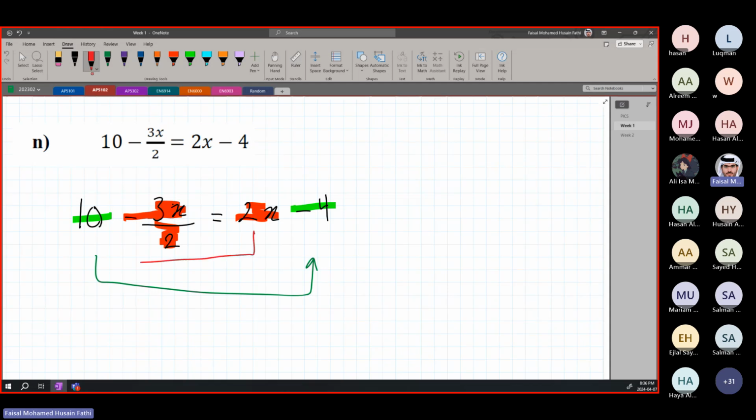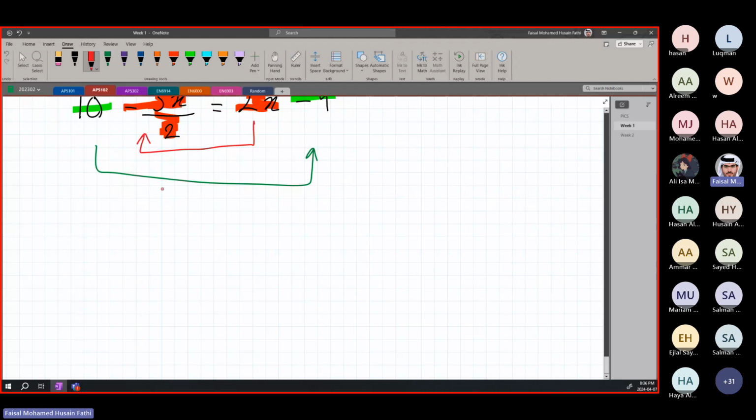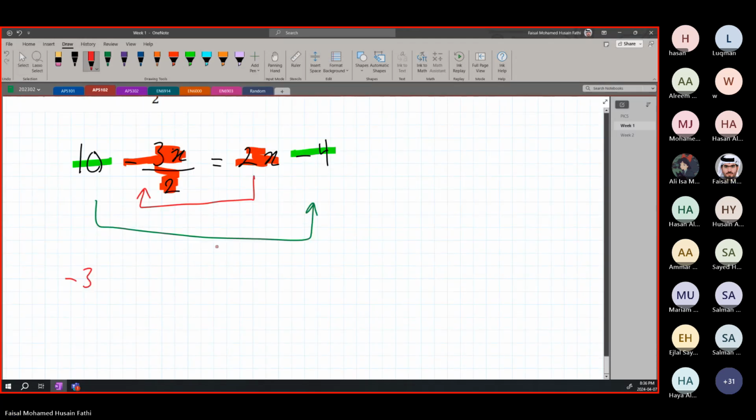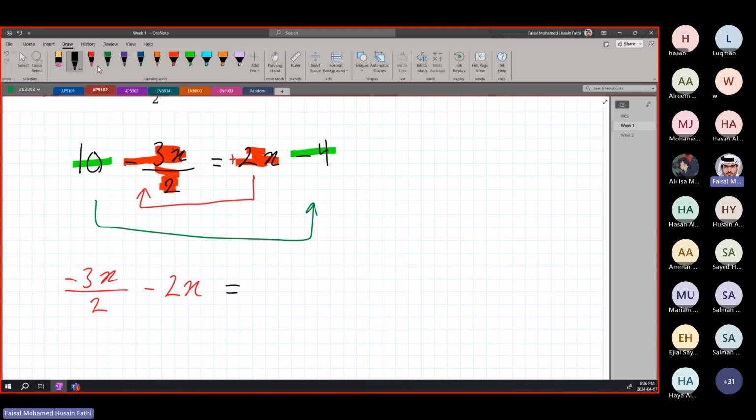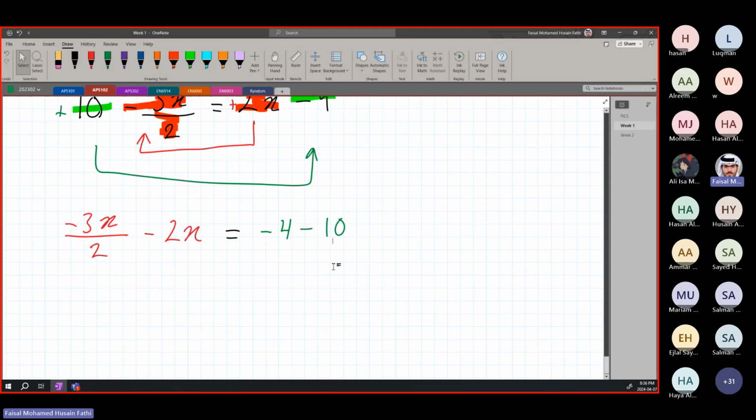فأنا باخذ الx هذا هني. To solve this, this is going to be minus 3x over 2. This is plus 2x over here, so it will become minus 2x over here is equal to minus 4. And then now we're taking the 10 to the other side. This is plus 10, so this is minus 10. تمام?